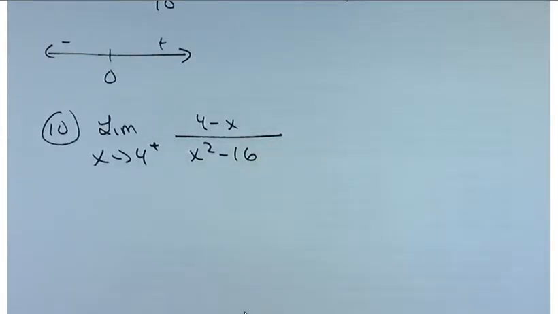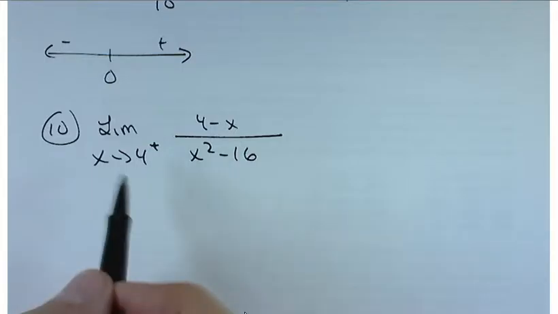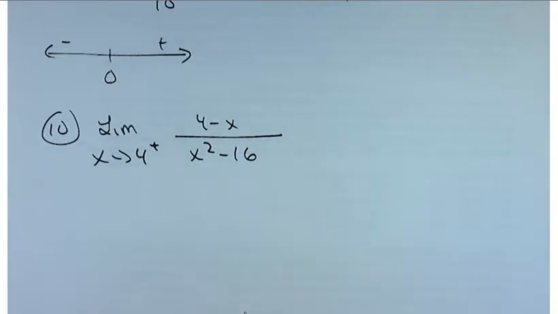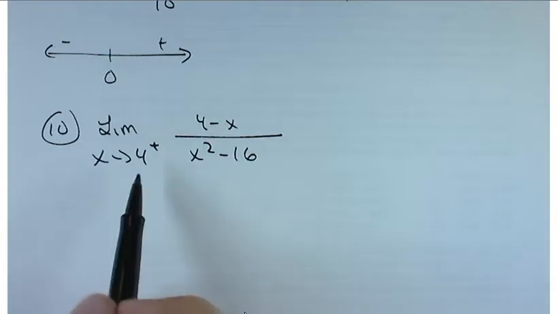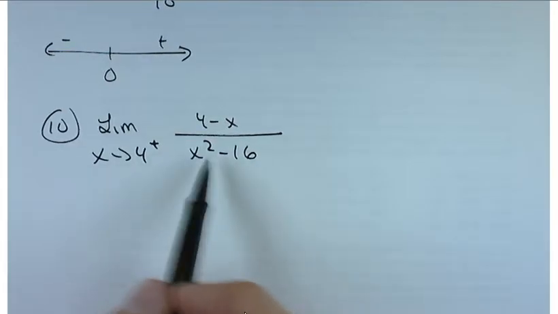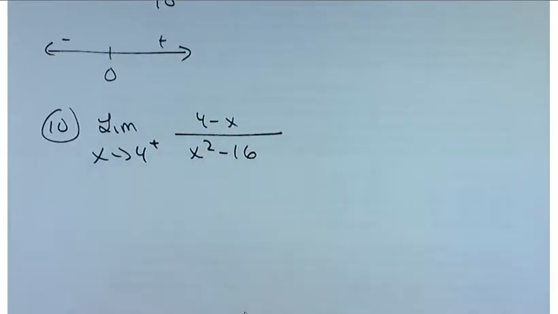Generally speaking, when you're faced with something like this, you go, oh gee, if I tried plugging in the limit, I end up with 0 over 0. Sometimes you might think that because 4 creates a 0 in the denominator, you're going to have a vertical asymptote. Well, you might not.